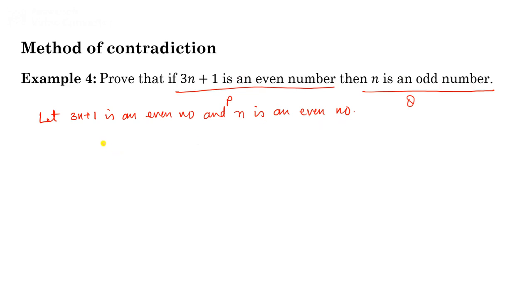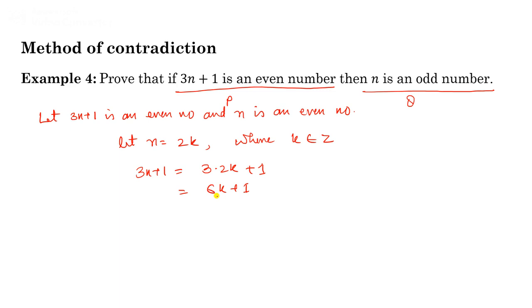So n is an even number means you can assume n equal to 2k, where k belongs to Z, the set of integers. Now we will calculate 3n plus 1. 3n plus 1 equals 3 into 2k plus 1, and this is 6k plus 1.